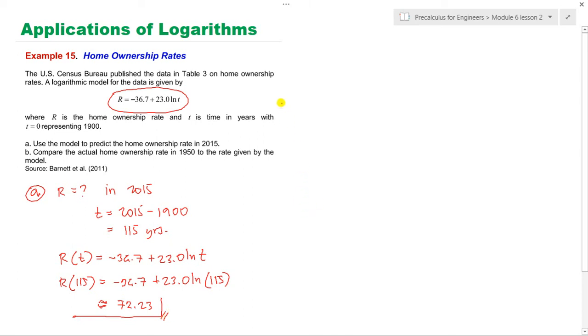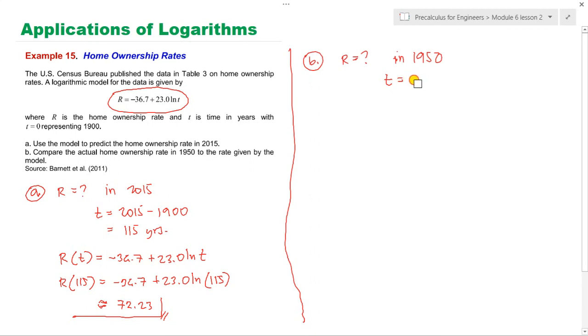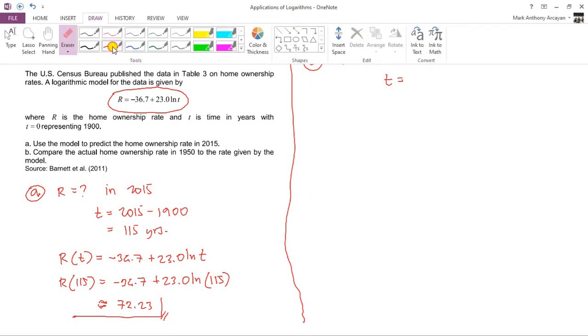For letter B, compare the actual home ownership rate in 1950 to the rate given by the model. For letter B, the year is 1950. The duration from 1900 to 1950 is 50 years, so T is 50 years.